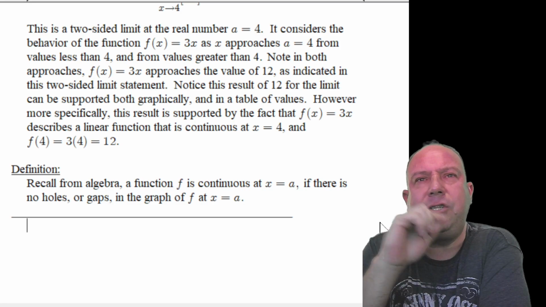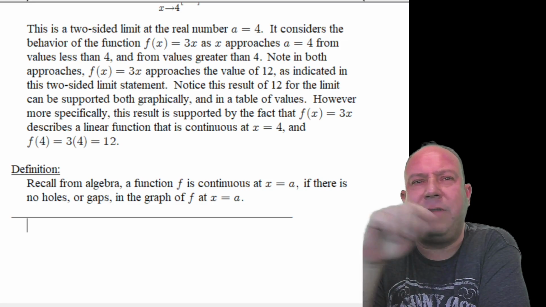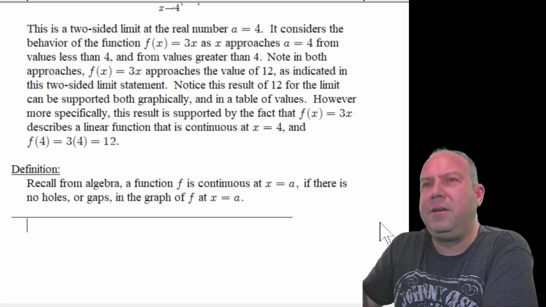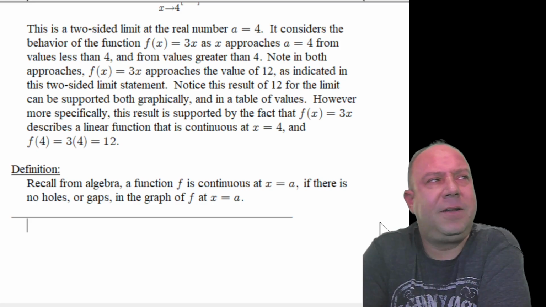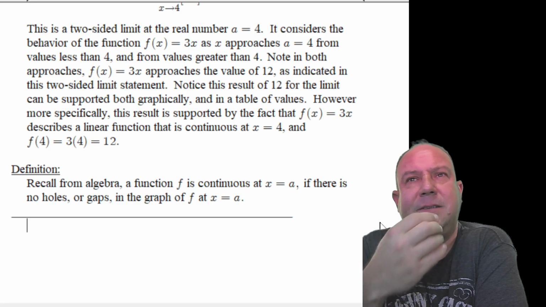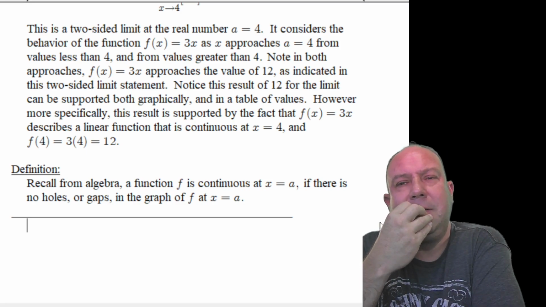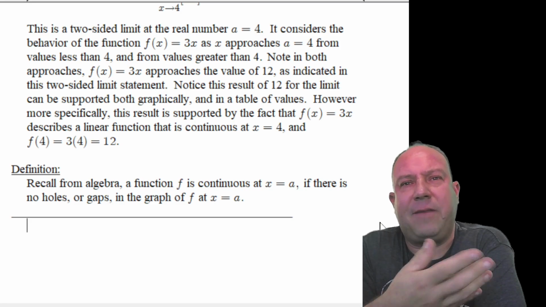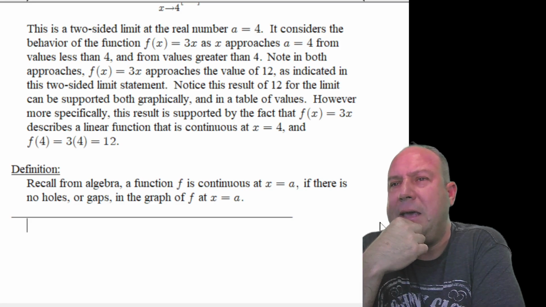There'll be a location in our graph at every single value of x along the number line for the case of 3x, which in this case is every single value within its domain.